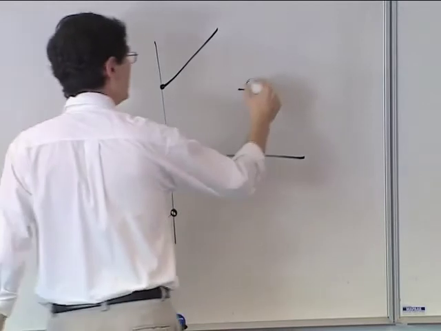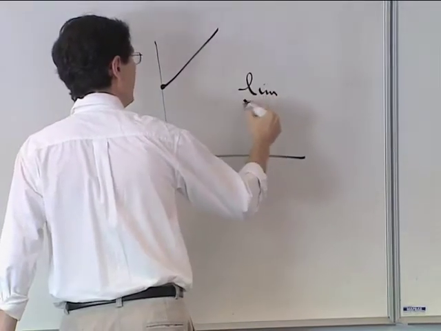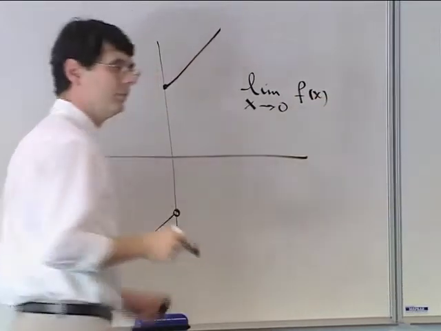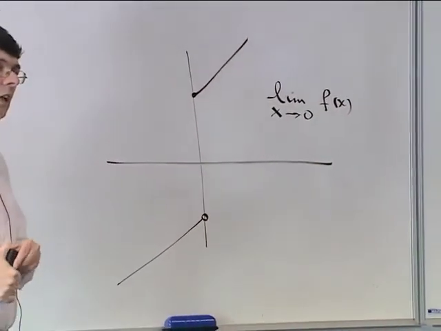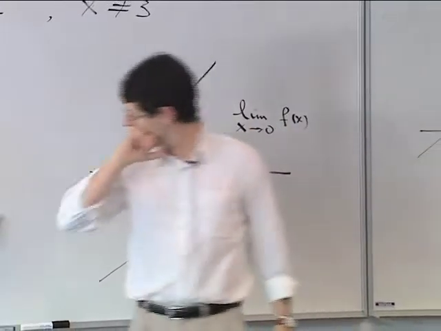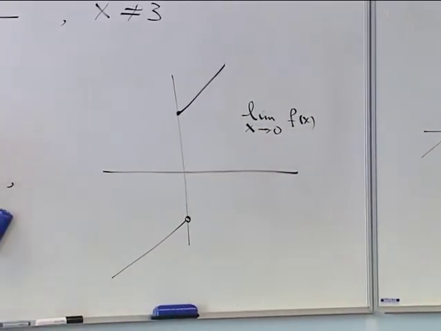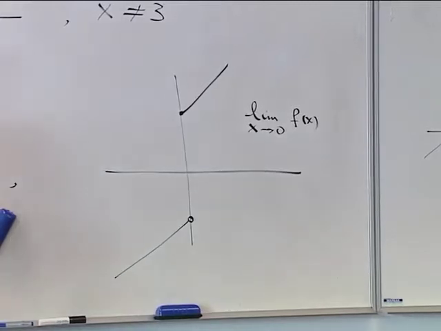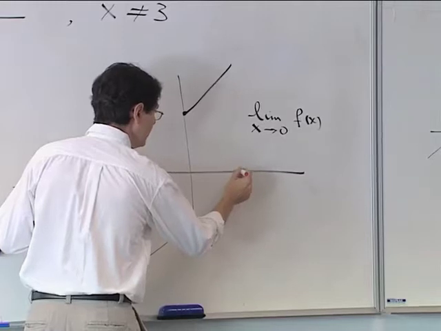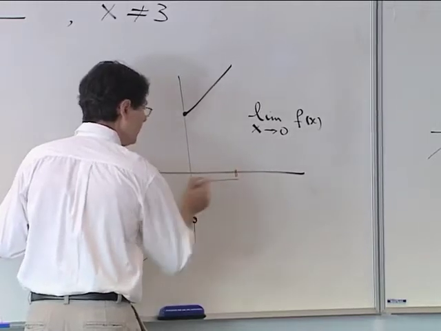Let's do the limit when x goes to 0 of f of x. What happens if you go from the right side, that way?